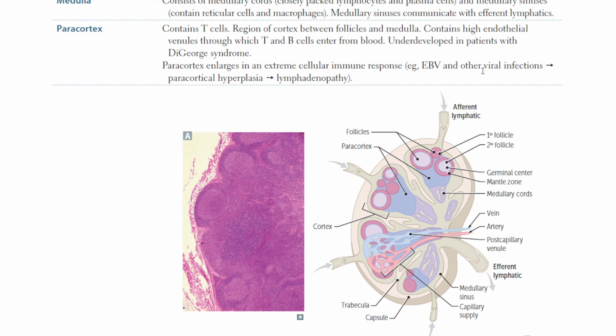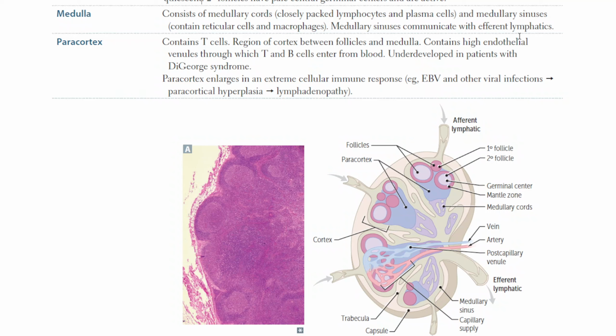Make this association so you don't confuse afferent, arriving, with efferent, exit, salida, going out, efferent lymphatic. Remember that the medulla contains macrophages and reticular cells. You can associate medulla M with macrophages, M with M.